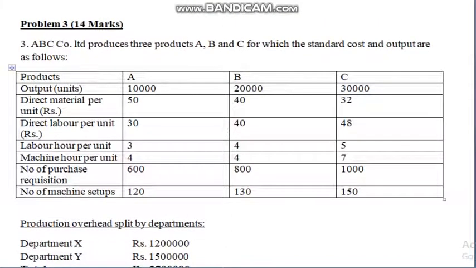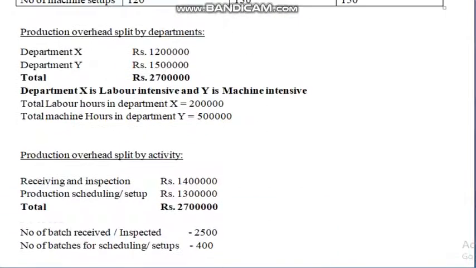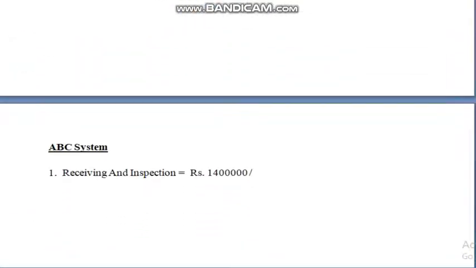Receiving and inspection cost is based on number of purchase requisitions, so 600 plus 800 plus 1000, you will get 2500. So 14 lakh divided by 2500, and the activity driver rate for receiving and inspection is rupees 560 each.